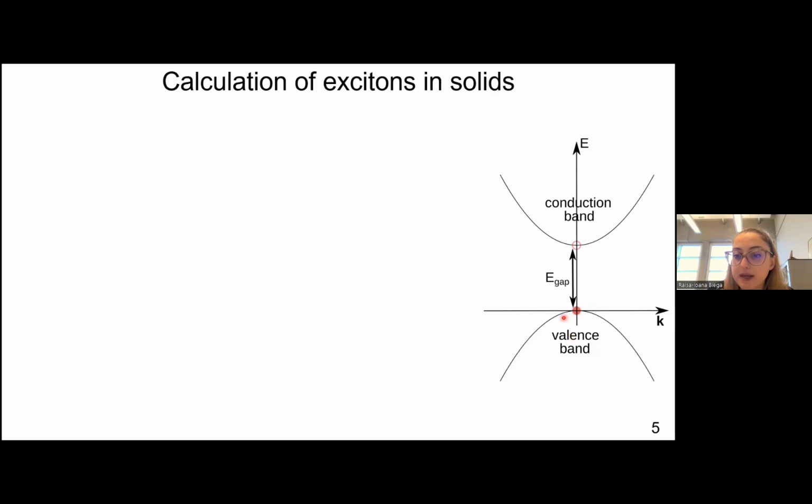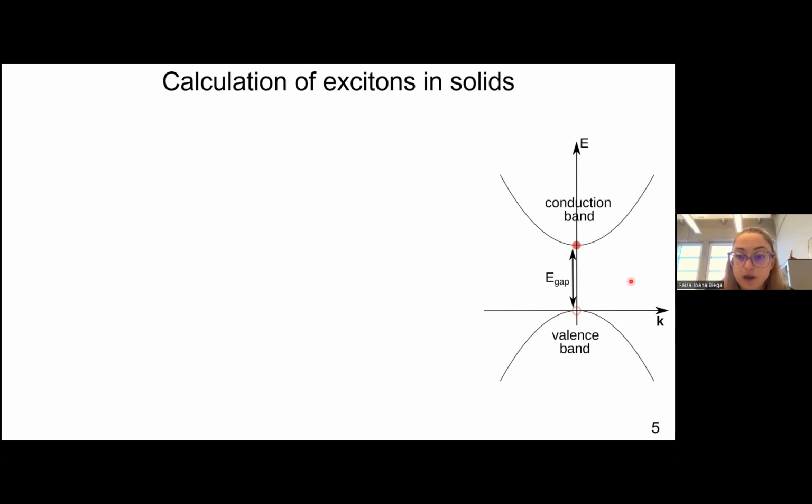Here is the valence band region, here the conduction band region, and they are separated by the gap energy. In the valence band region, we have electrons, nothing in the conduction band. But now, if we excite this semiconductor, then the electrons would be promoted to the conduction band, and they would leave a hole in their place.